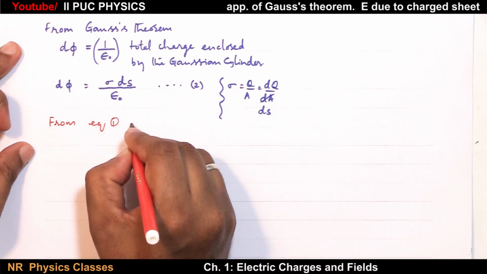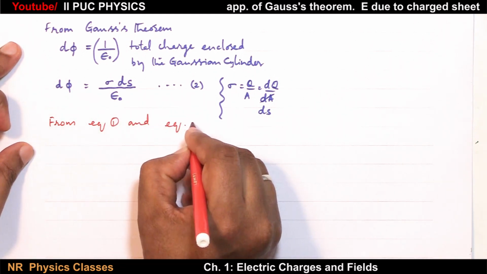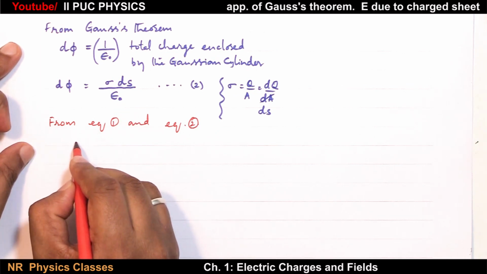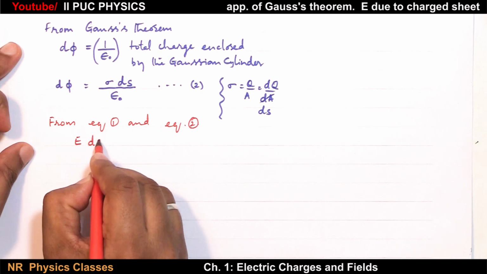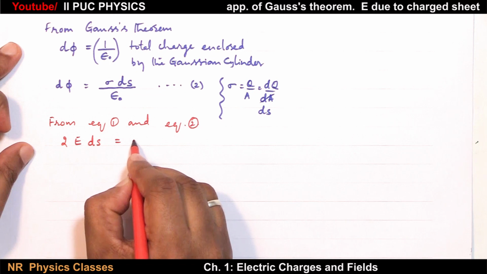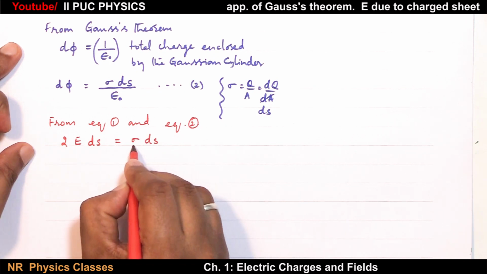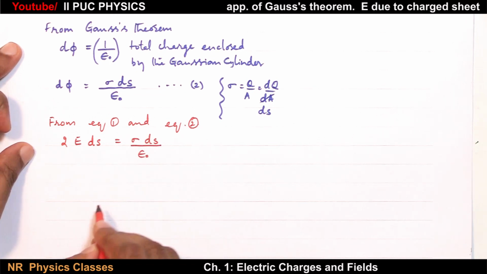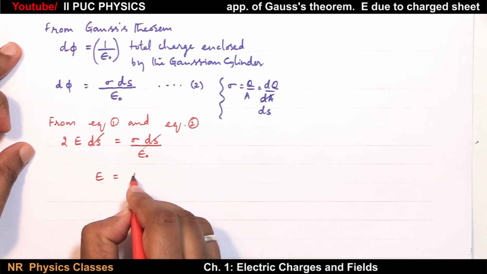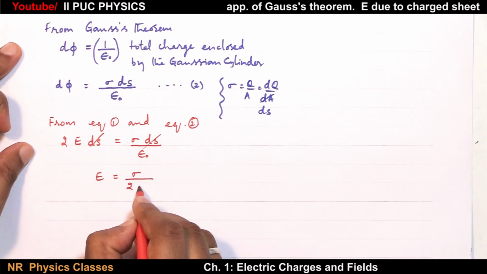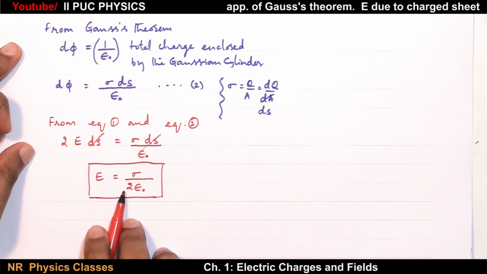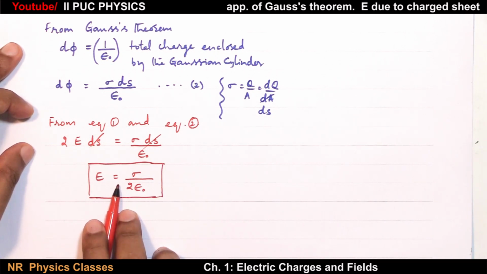From equation 1 and equation 2, we can write that 2E ds equal to sigma ds by epsilon naught, or electric field equal to sigma by 2 epsilon naught. This is the expression for electric field due to thin sheet of charge.